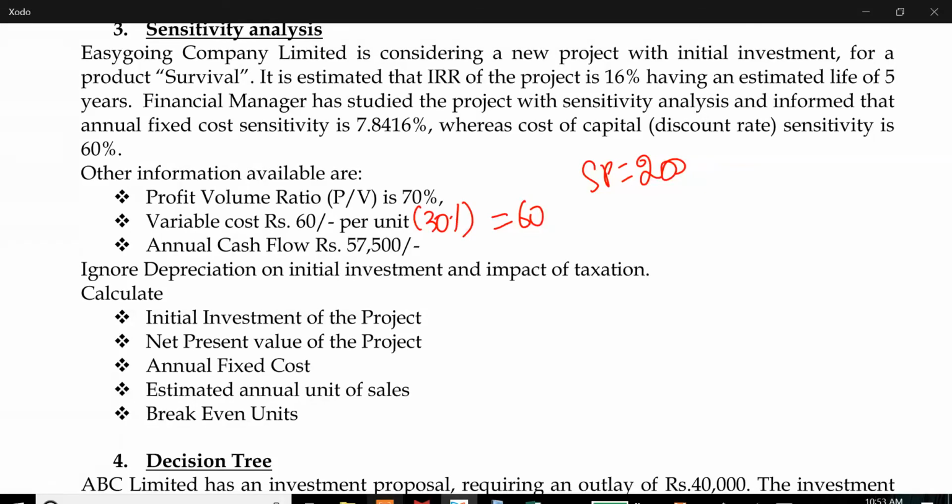I'm assuming that's a net cash flow. So my net cash flow is nothing but my 70 rupees, 140 rupees. But there is a fixed cost also, no? That's why I'm getting my contribution. Contribution, how many units? Where do you have units?